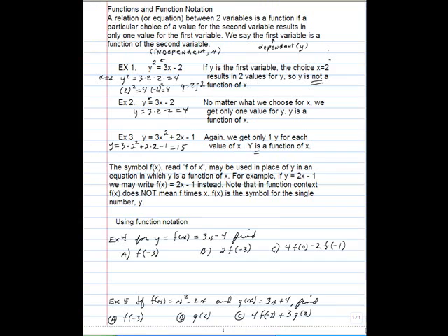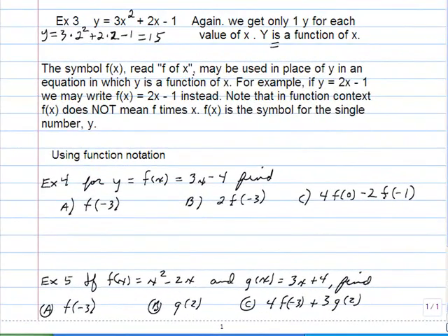The symbol f of x, read f of x, may be used in place of y in an equation in which y is a function of x.